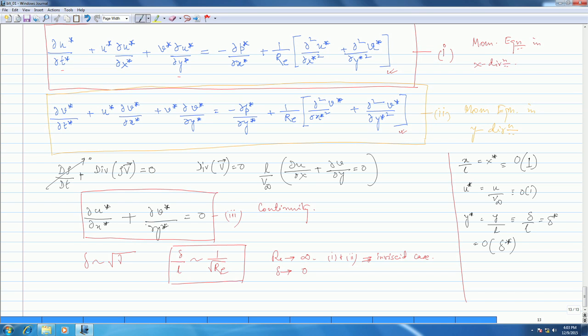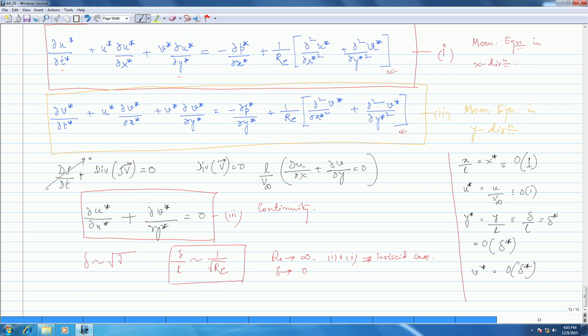One way to prevent this is to make v star of the same order as y star, so v star is also of the order delta star, to prevent the continuity equation from becoming degenerate.